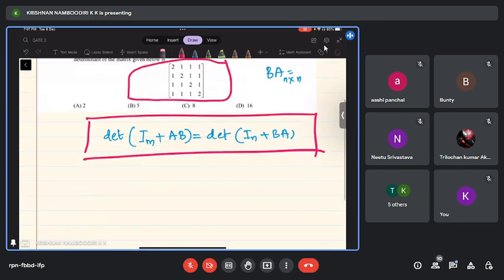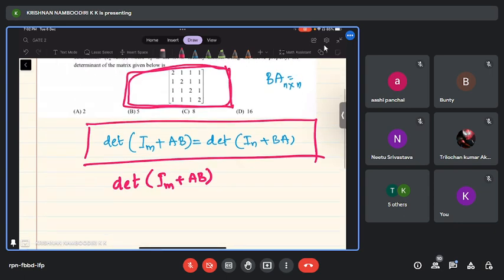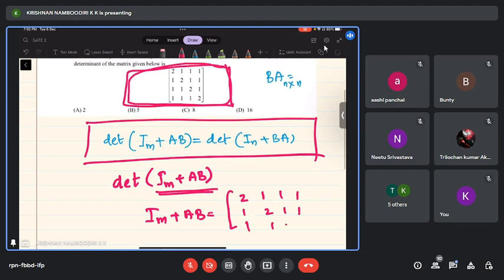Anyway, if you use the property, you can find the determinant of Im plus AB. So it is asked to find the determinant of this matrix. What does that mean? That means that this given matrix should be equal to Im plus AB. This much you can very easily deduce from the question.